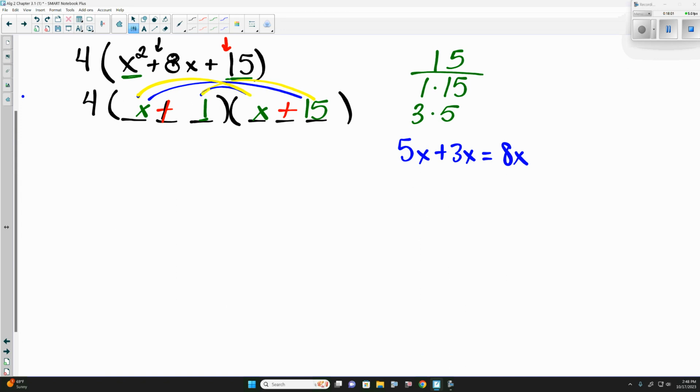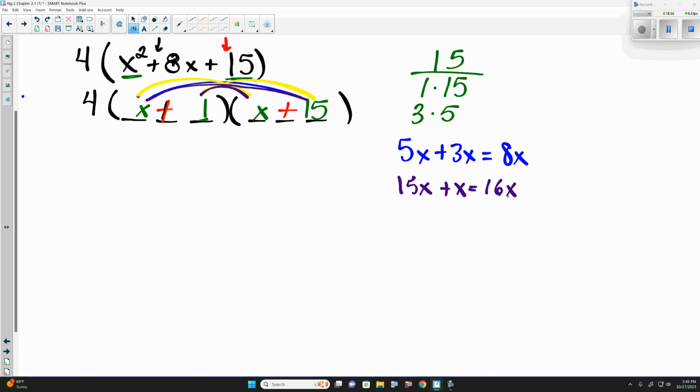Our other one, 1 times 15, that's still 15. Those don't change. Because the only way that they wouldn't give us those, the correct values, is if we got the wrong factors. So those don't change, and the ones that did are here. X times 15 is now 15X. 1 times X is now plus X, giving us, is that the middle term we wanted?